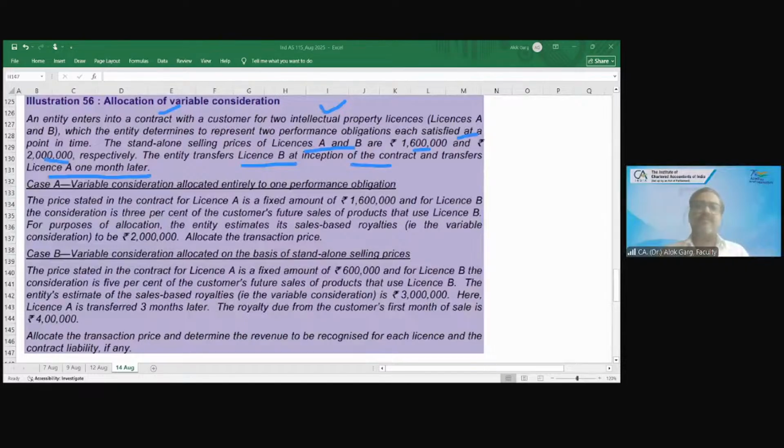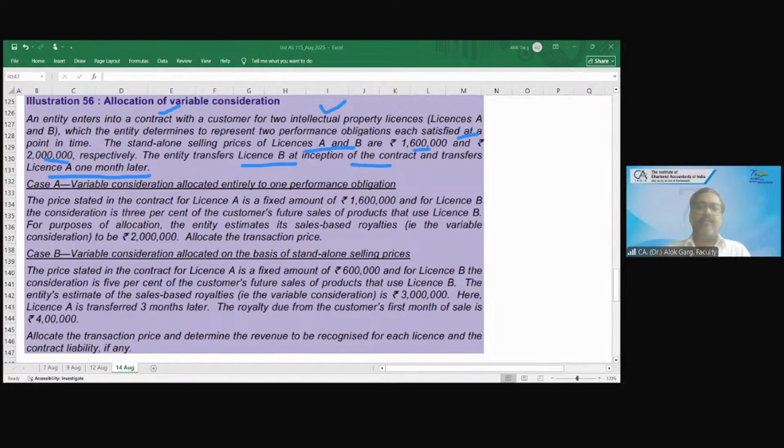Only license B. Why not license A? Because the control is not transferred. Because the performance obligation is not satisfied. In the language of Ind AS 115, this performance obligation has not been satisfied. The control has not been transferred.